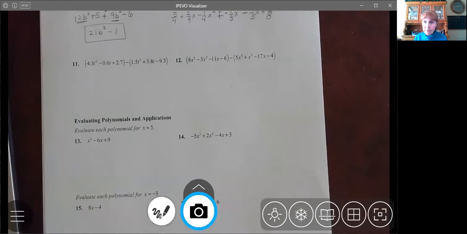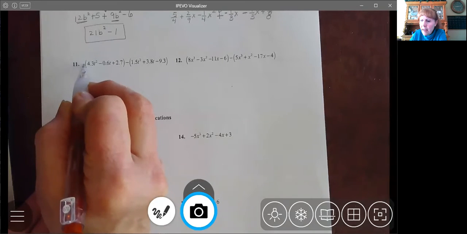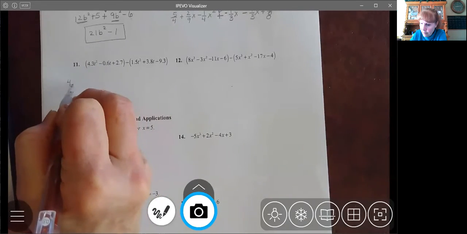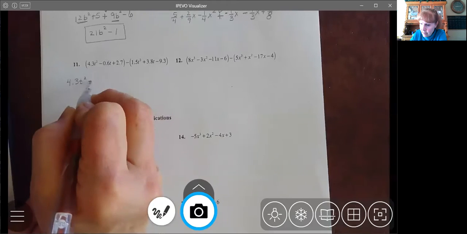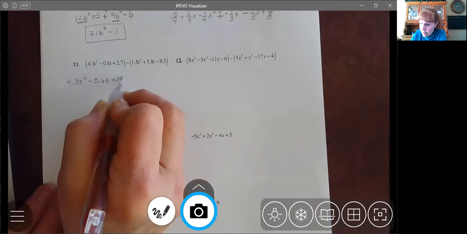Now you can always stop the video and see if you get the right answer and then start it again. All right, but on this one, there's not a negative in front of this parentheses, which means I can just drop the parentheses. There's nothing out there. 4.3 minus 0.6t plus 2.7.